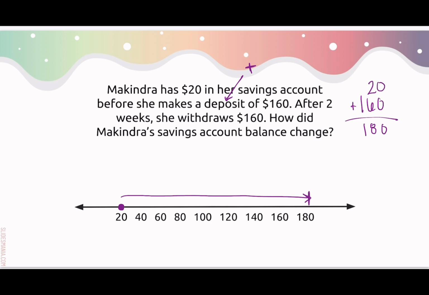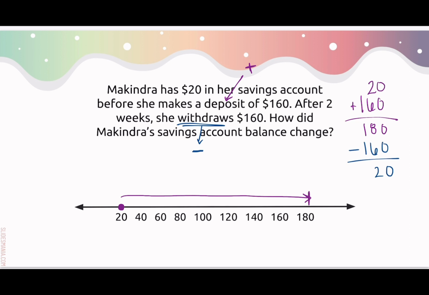But then after 2 weeks, she withdraws $160. Well, withdrawing is a negative action. It's taking money out of the account. So if you had 180 and now you're going to take out 160, that brings us to $20.